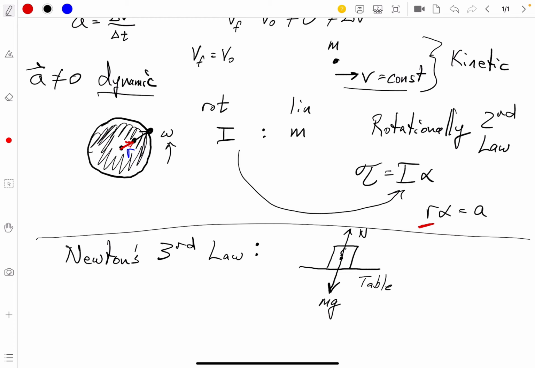Maybe it's Christmas time and there's a bunch of boxes on the table. And we've got a normal force, the table holding the box up, but the box does want to go down. But the normal force that the table is exerting on the box happens to be equal, they're equal and opposite.